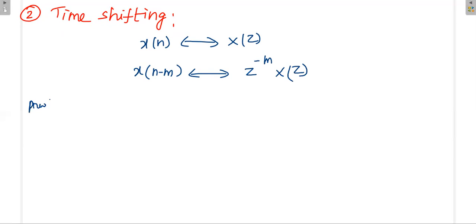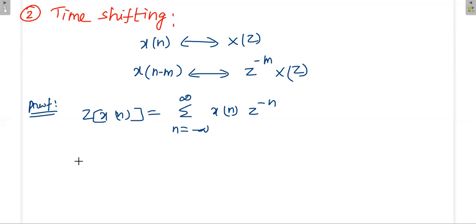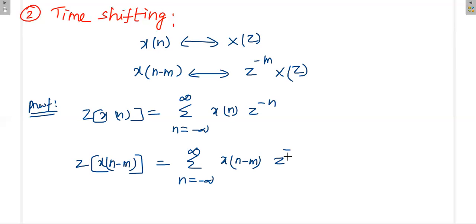Proof. Z transform of x of n is equal to summation n from minus infinity to plus infinity x of n z power minus n. And what is the Z transform of this shifted signal? That is Z transform of x of n minus m is equal to summation n from minus infinity to plus infinity x of n minus m z power minus n.